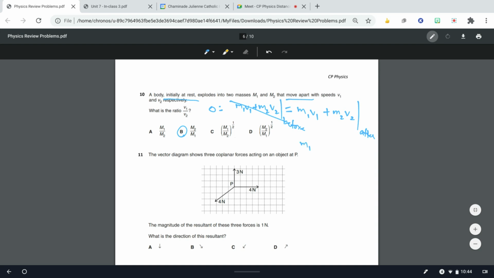So you can assume that M1 V1 is positive, M2 V2 would be negative, and that's all equal to 0. Then M1 V1 minus M2 V2 is equal to 0, or M1 V1 is equal to M2 V2. It's asking you for a ratio of V1 to V2, so V1 divided by V2 would give you M2 over M1. And B is the right answer there.